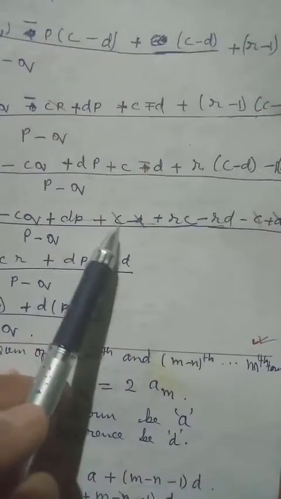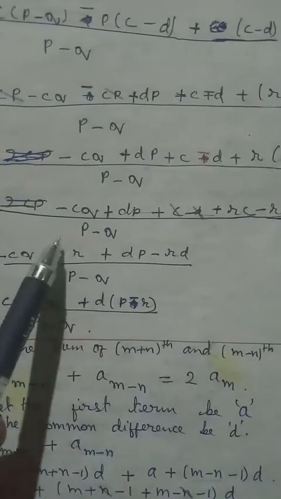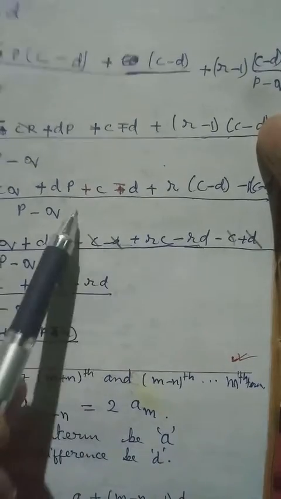Then here again plus C minus C cancel. Then plus D minus D cancel.